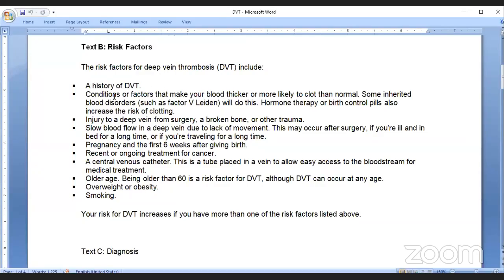First is history of DVT, conditions or factors which make blood thicker. Here are the conditions, pills, and these things. You don't need to read them completely. Surgery, trauma, here is slow blood flow, here is surgery, pregnancy, cancer, venous catheter, old age, obesity, overweight, smoking. This is just quick skimming and scanning. You don't need to read.